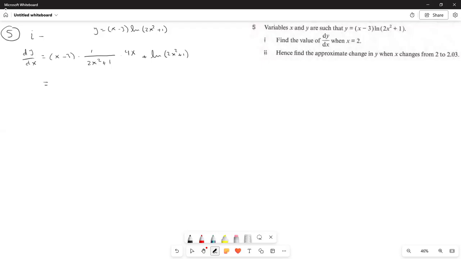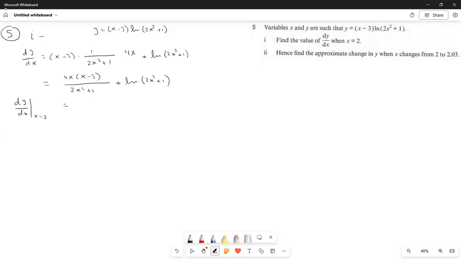So we will simplify it a little bit. It's going to be 4x times (x minus 3) divided by (2x squared plus 1) plus log of (2x squared plus 1). Okay, now we need to evaluate this derivative when x is equal to 2.